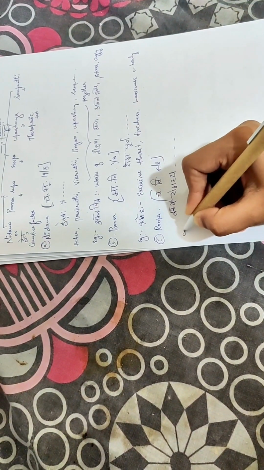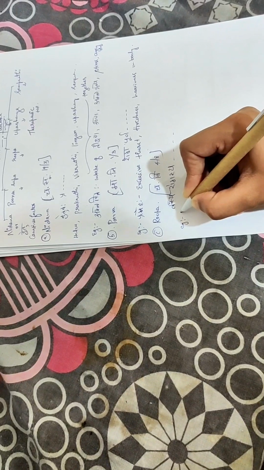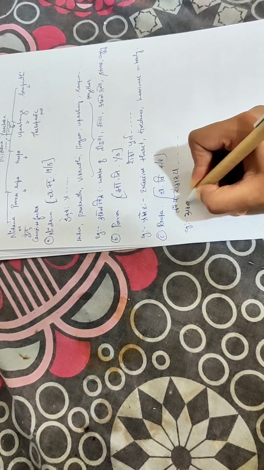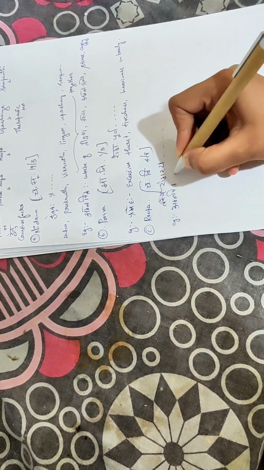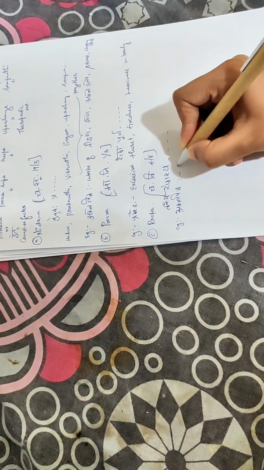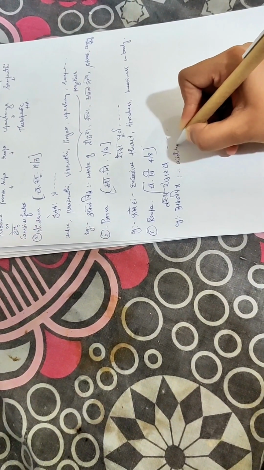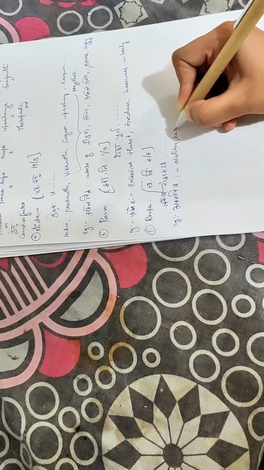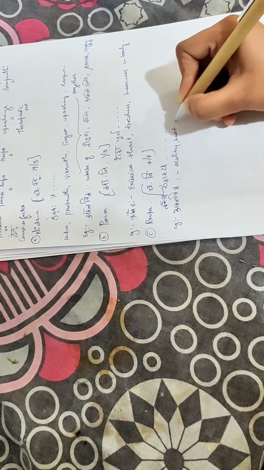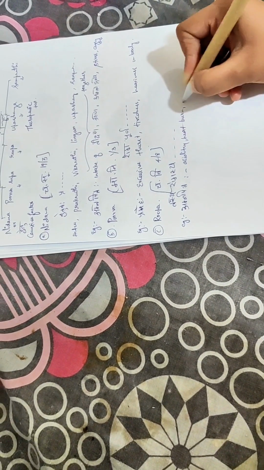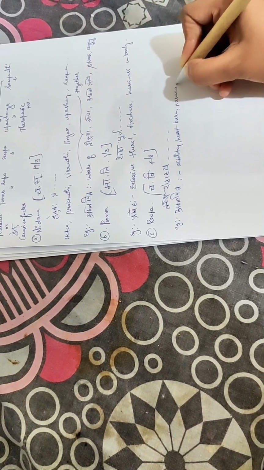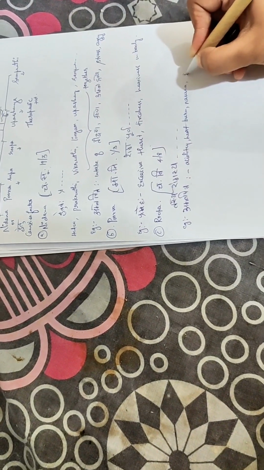I'll give you the example of Amla Pitta. In Amla Pitta, you can see lakshanas such as acidity, heartburn, nausea, and a bitter taste, that is Amla Udgara.